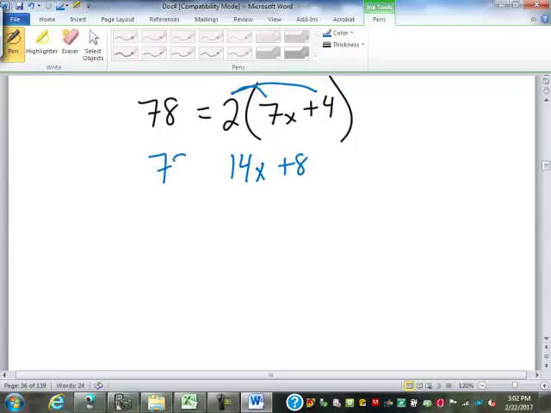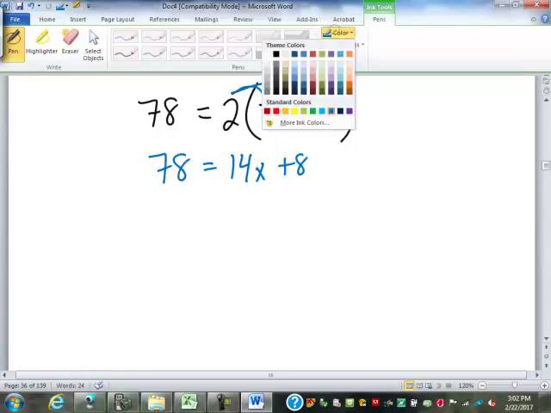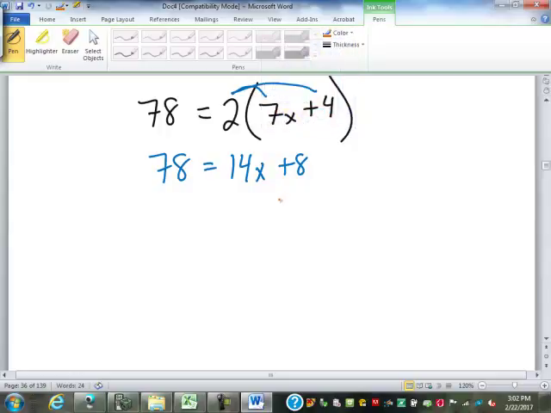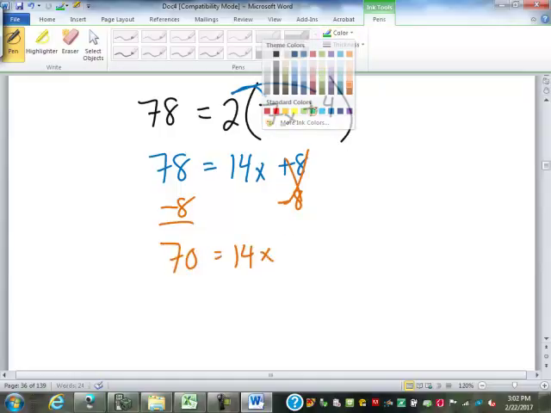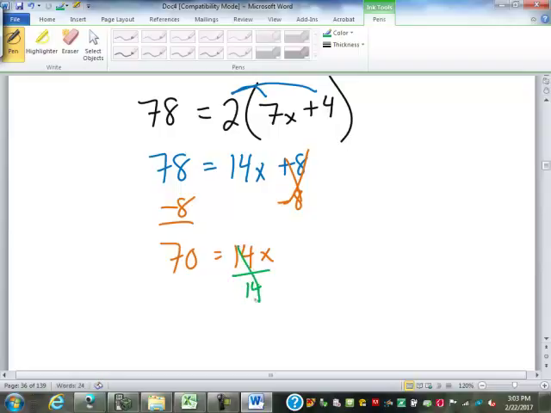Good. So 78 equals 14x plus 8. Then what? Subtract the 8. So 70 equals 14x. And then divide by 14. X equals 5. 70 divided by 14 is 5.